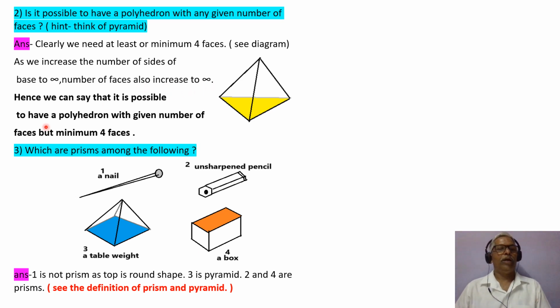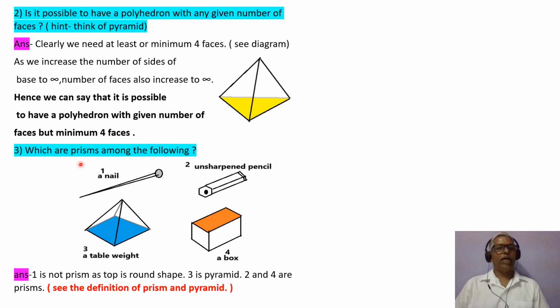Okay, and this is the actual answer given. This was the explanation and this answer. Hence, we can say that it is possible to have a polyhedron with given number of faces, but minimum four faces. Okay, clear? We move to the third problem.